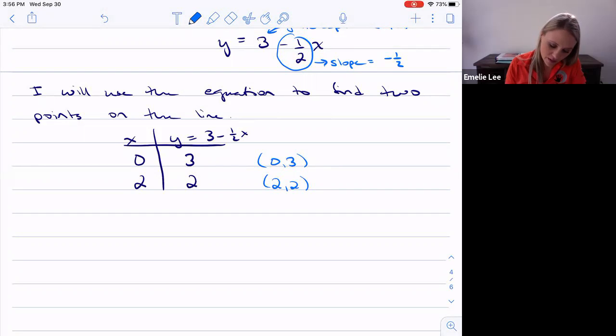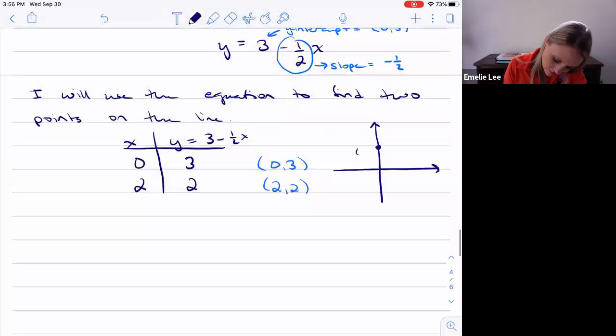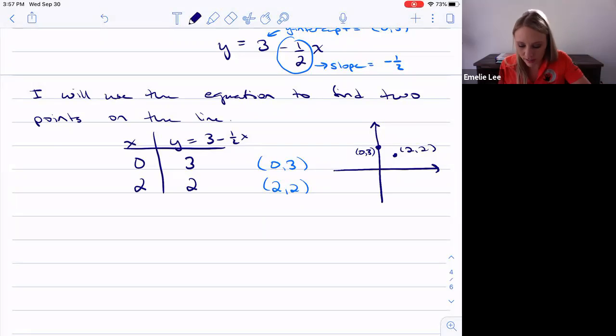And then a super rough sketch here. (0, 3), let's say, is here, and (2, 2), let's put it here. Take my straight edge.